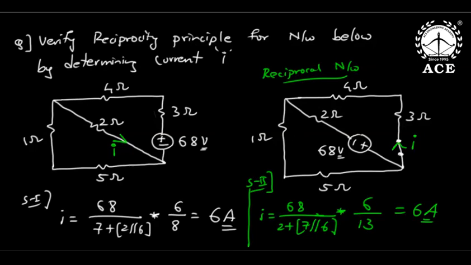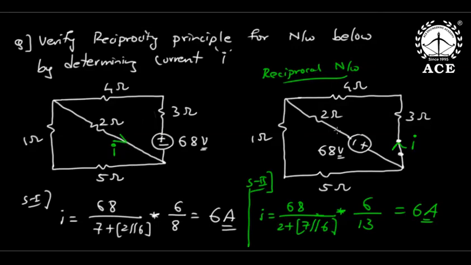One student is asking, sir, how did you decide the polarity? It doesn't matter, sir. See, previously in this 2 ohm branch, current is going down, because he gave this direction and I got a positive answer. That means really current is going down.